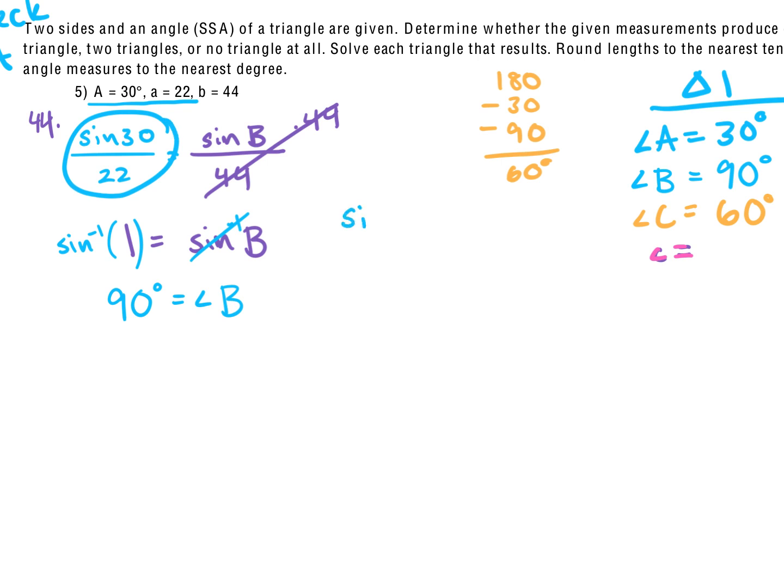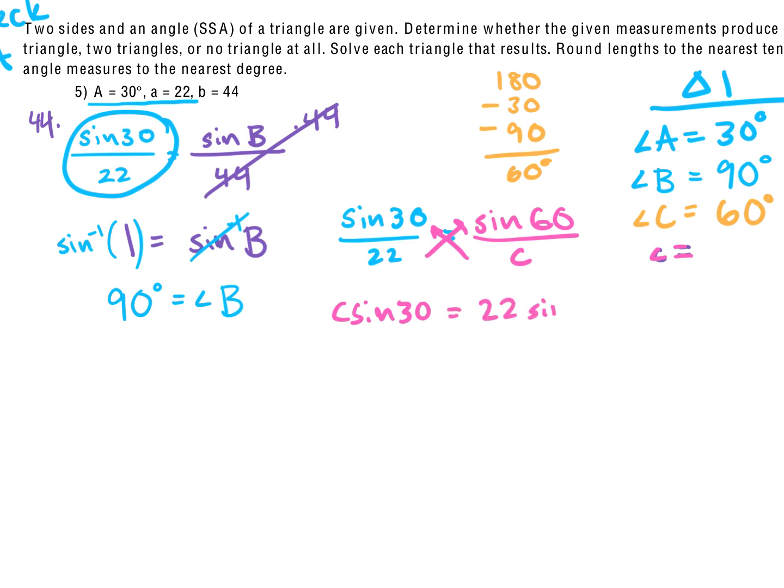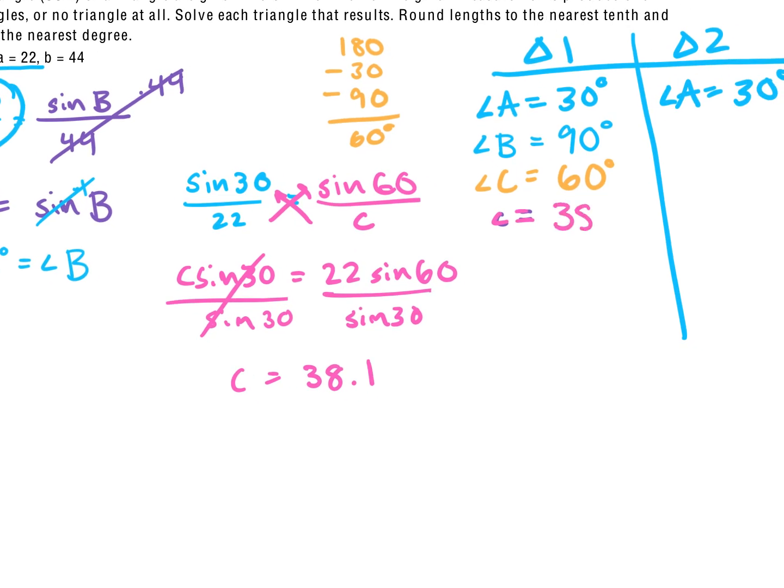Since A's were given, sine of 30 over 22 is equal to sine of 60 over side C. We cross multiply to solve for C. So C is equal to 22 times sine of 60 divided by sine of 30. We get 38.1. So side C is 38.1.